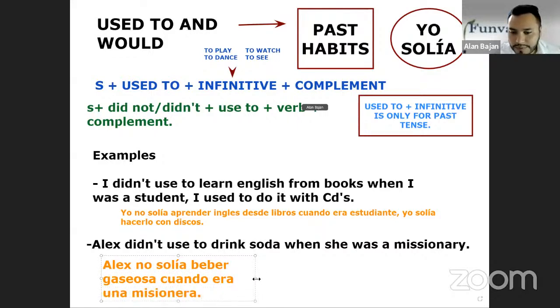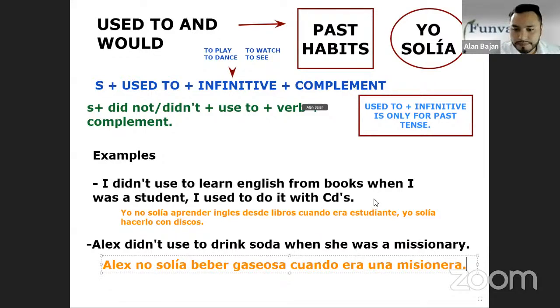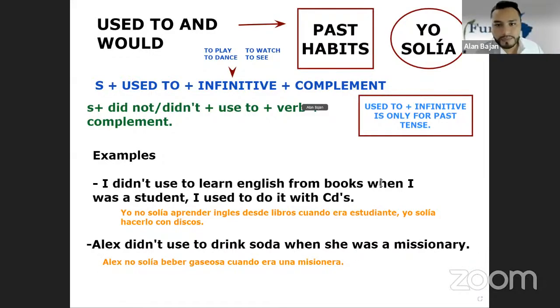Okay, this is the translation in Spanish. And again, please notice that I have my auxiliary didn't, and I don't need to add the D to the used to.